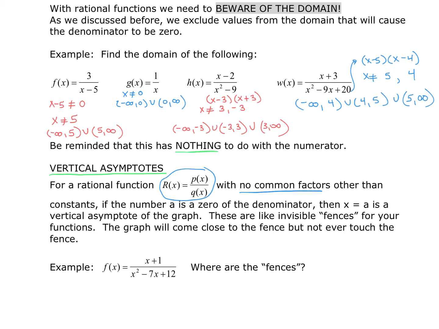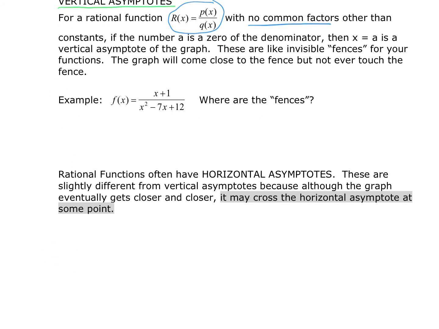So these are like invisible fences that we're going to have on our graph that the function will not cross. It'll come close to the fence but not ever touch the fence. It's kind of like when your dog runs towards the fence and then immediately turns and will run along the fence. So this is very similar to finding the domain.